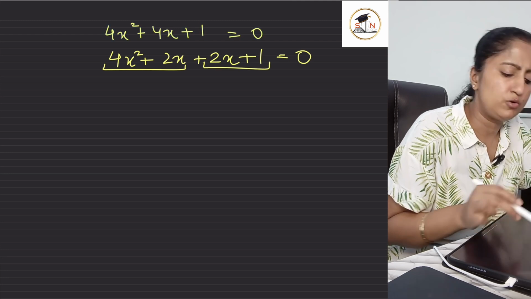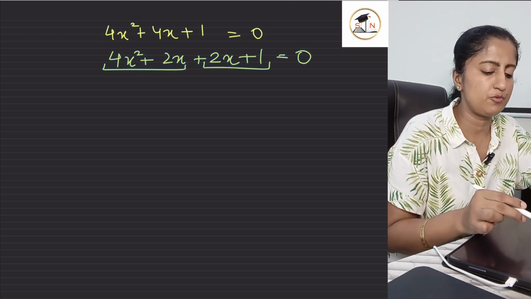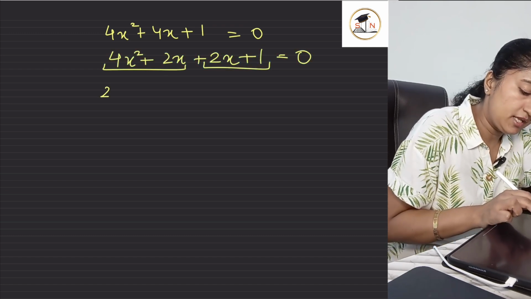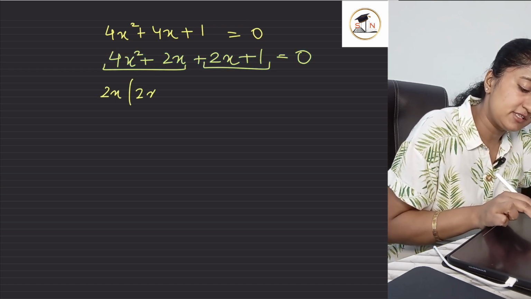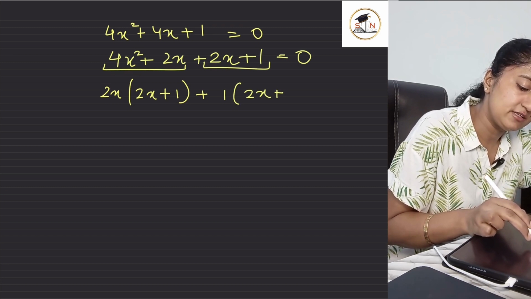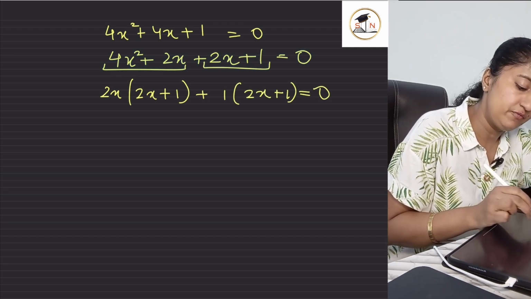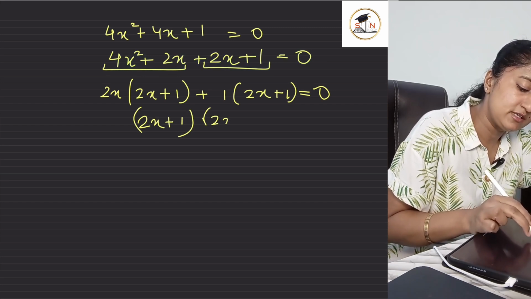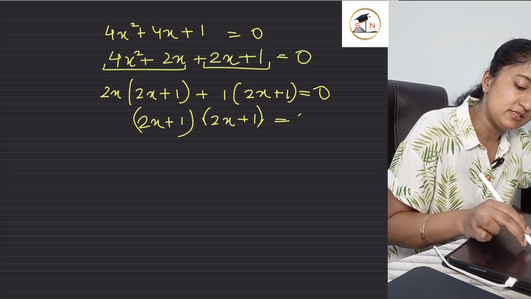Grouping, though I don't need to show these steps to you being in class 10th, I'm still doing it. Taking out 2x as a common factor leaves us 2x plus 1, plus 1 outside, 2x plus 1 equals 0. So, 2x plus 1 and 2x plus 1 equals 0.